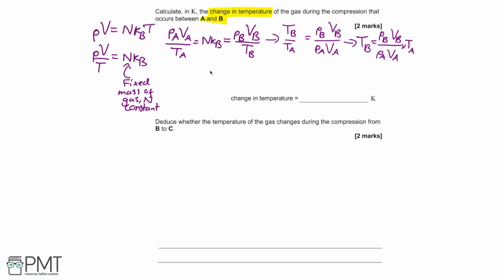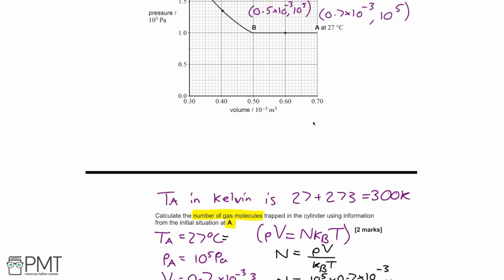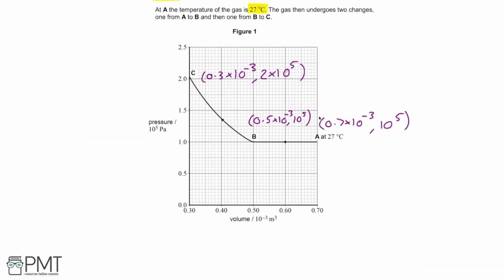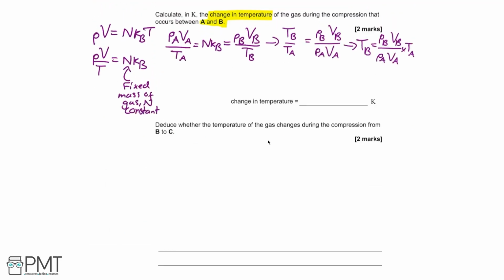Okay, so at this point we need to remember what the pressure and volumes at A and B are. So we can do this by referring to our graph. If we look at our graph, we can see that the volume at A is 0.7 times 10 to the minus 3 meters cubed. The volume at B is 0.5 times 10 to the minus 3 meters cubed, and they both have the same pressure.